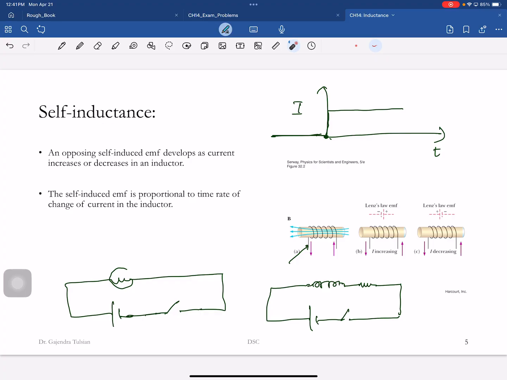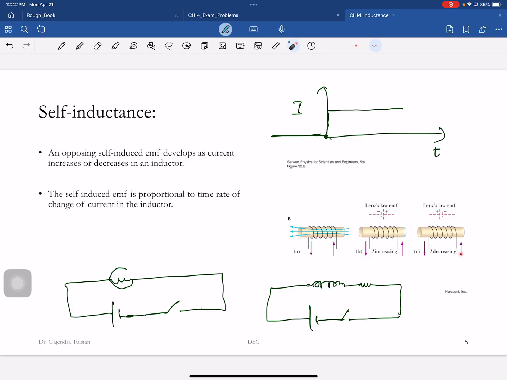All right, so here's this wire. If you try and increase the current, so when you close the switch, you're trying to increase the current through this coil, and it doesn't like changes in current. And so it induces a self EMF in the opposite direction. It'll try and oppose this attempt at increasing the current.